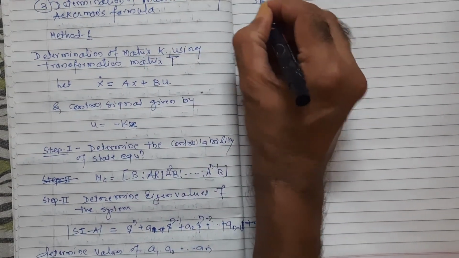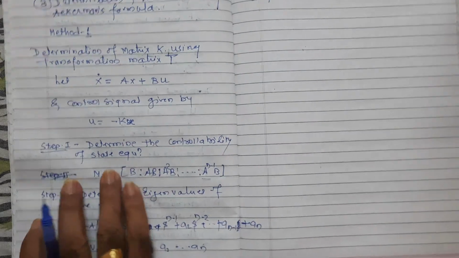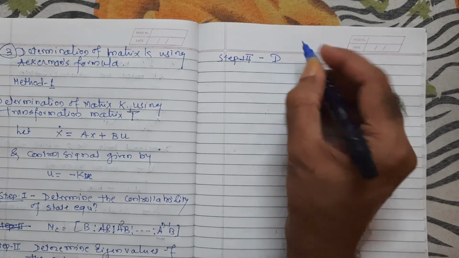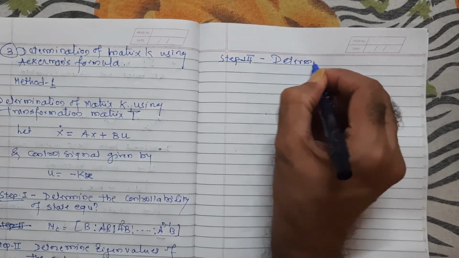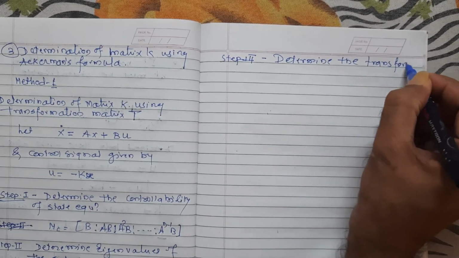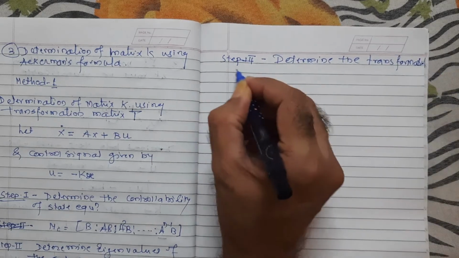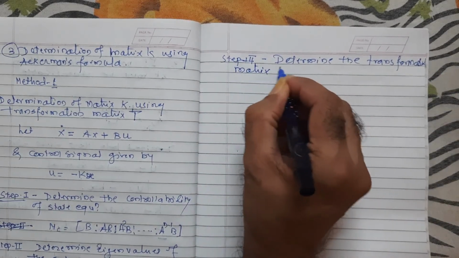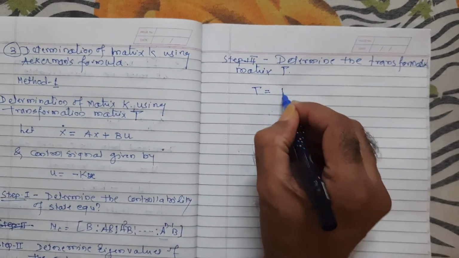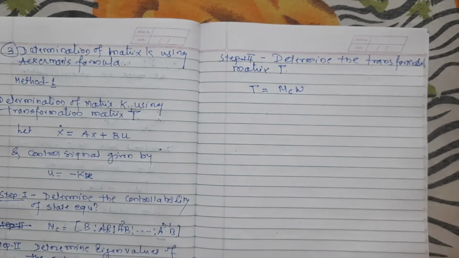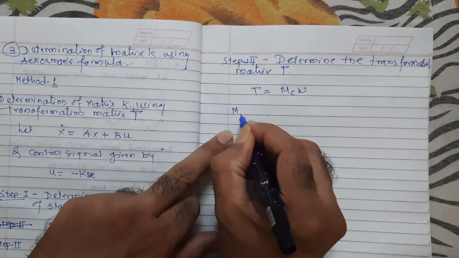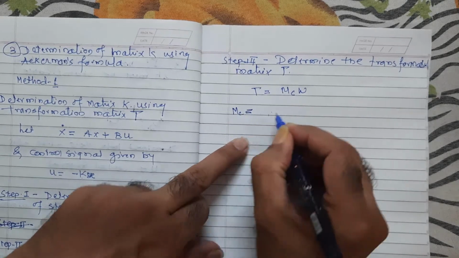Step 3, determine the transformation matrix T. The transformation matrix T is given by the formula MC multiplied by W. MC is my controllability matrix.